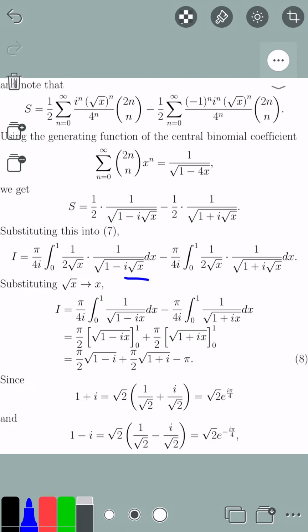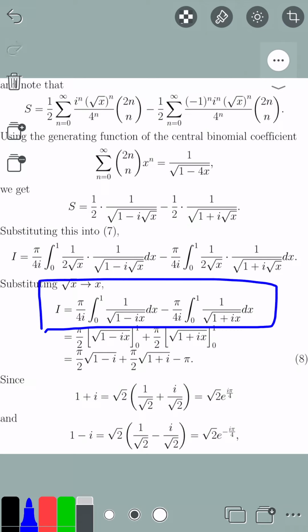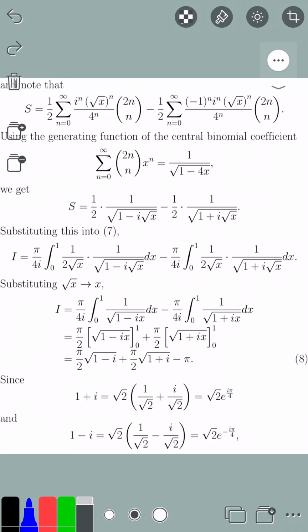So just substitute square root of x into x, and this is what we get. I is equal to pi over 4i times the integral from 0 to 1 of 1 over square root of 1 minus i x dx, minus pi over 4i times the integral from 0 to 1 of 1 over square root of 1 plus i x dx.